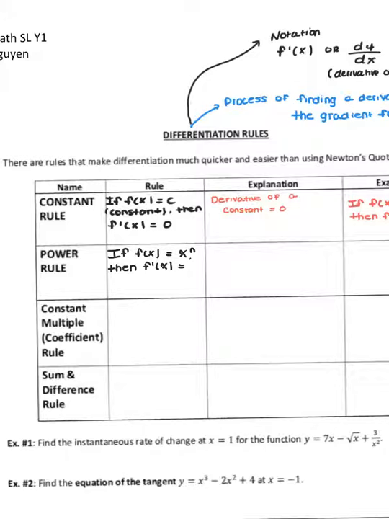You take that power, you bring it to the front, and then it's raised to a new power. That new power is whatever the original power was minus 1. So n x to the n minus 1.